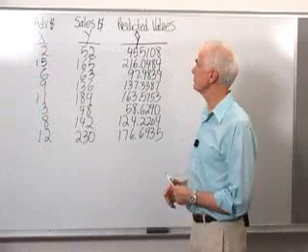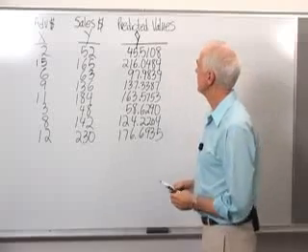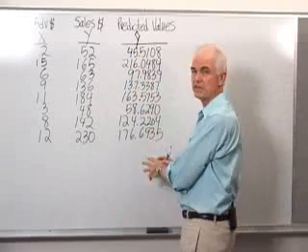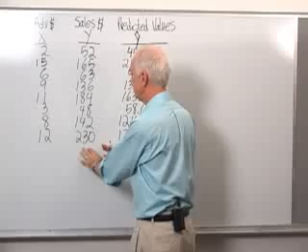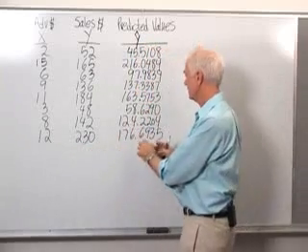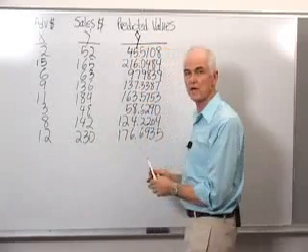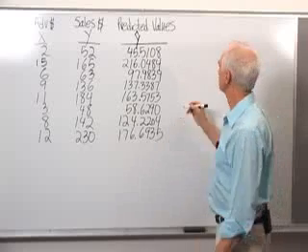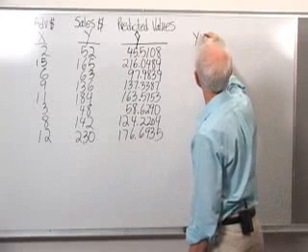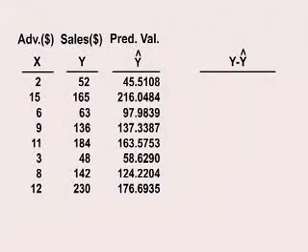Predicted values can also be used to help us determine how well our model fits the data. By comparing the predicted values to the actual y values and determining the difference, we can see how much error the regression equation created in trying to predict the y variable. Let's subtract the predicted value from each actual y value.